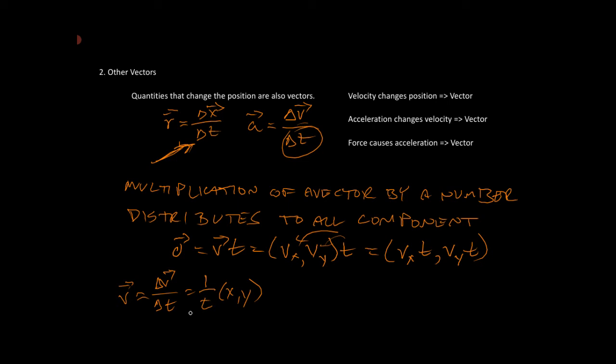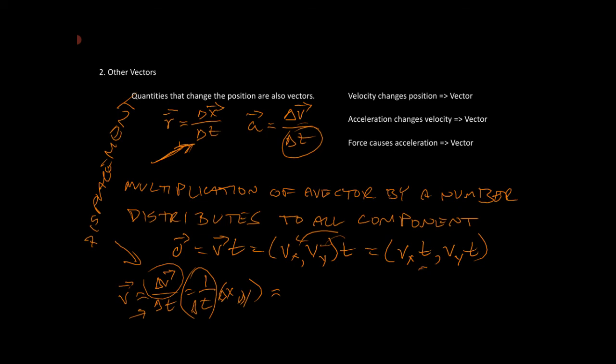So this is just a displacement, going from one place to another. And this is a duration, how long it took. So we now have this number, which is just 1 over delta t.